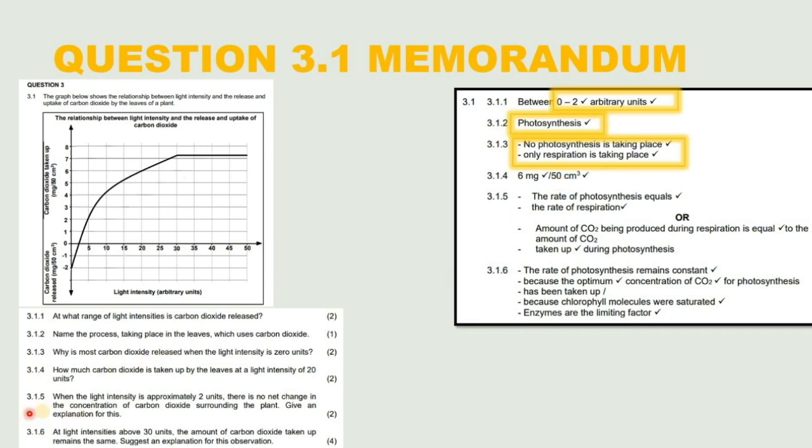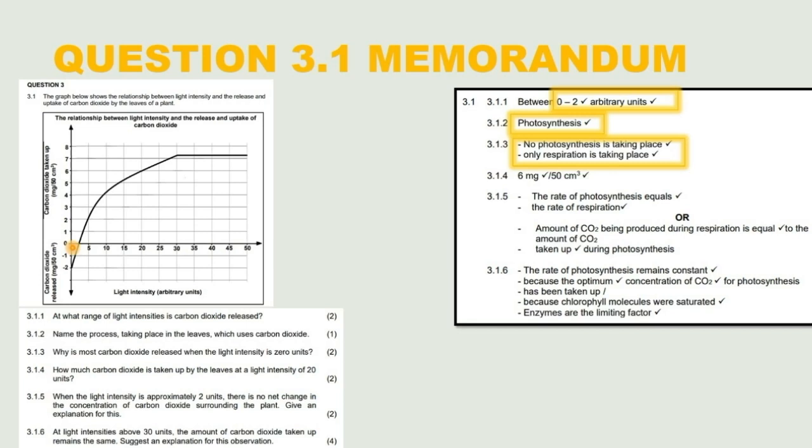Then question 3.1.5, when the light intensity is approximately 2 units, there is no net change in the concentration of the carbon dioxide surrounding the plant. Give an explanation for this. If we look at the light intensity when it is about 2, there is no net change.